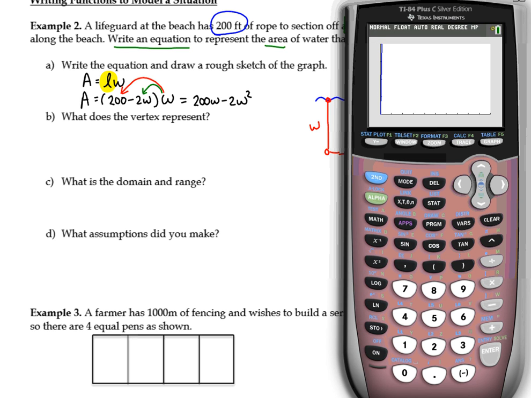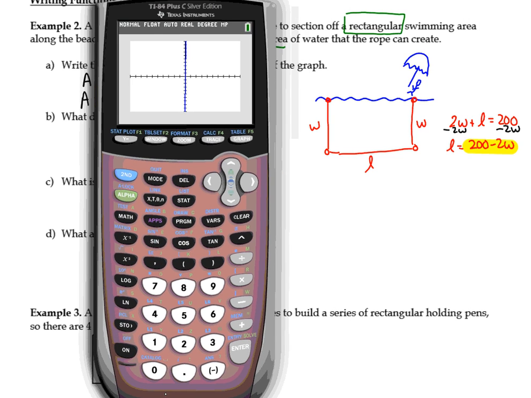And these windows are not good. You might want to start with Zoom 6 to reset it, but I don't think that's going to fix anything. It doesn't. Because we're dealing with a Y variable that's area, and we're dealing with a width. And the width, what's the maximum width this could be? Almost. If we have 200 feet of rope, really close to 100.